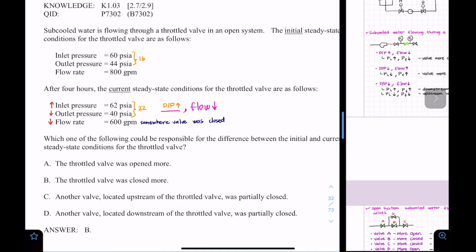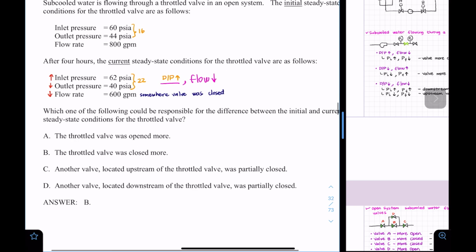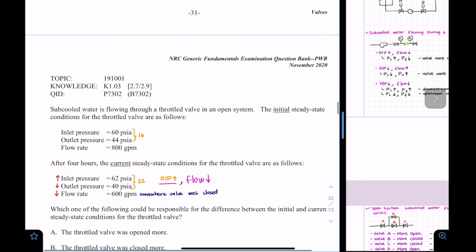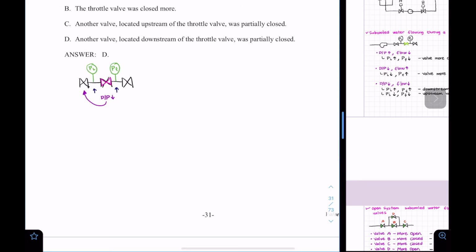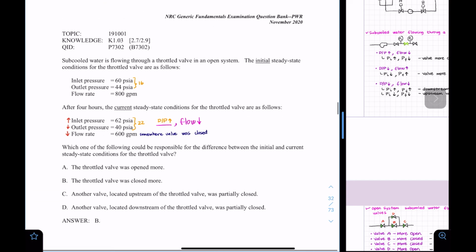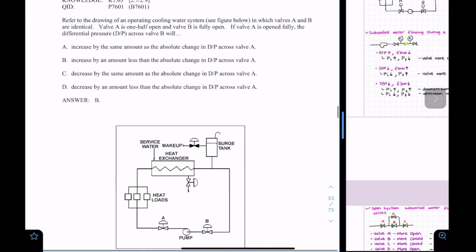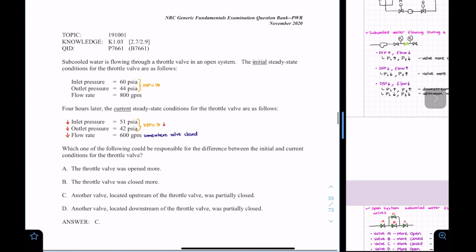So that's telling me that since my flow decreased, somewhere this valve was closed, but I have this one's opposite, so that means that the valve that was closed was the throttle valve. So was the valve that I modified. It was the valve in the middle. It was this one. Okay, so now let's take a look at the next one, which is a similar one.